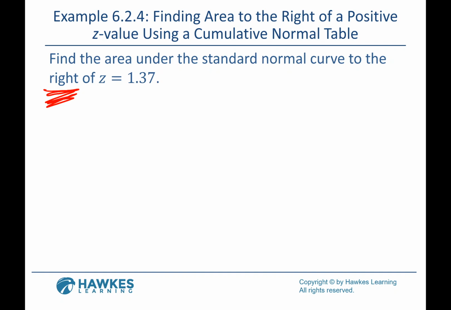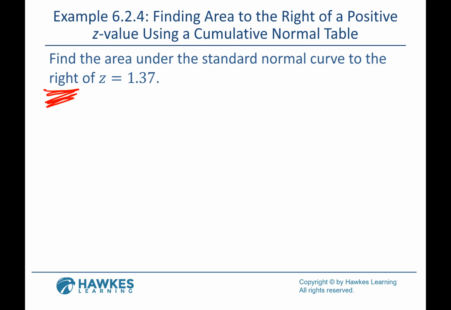So there's two ways we can go about finding this with our tables. Anybody have any ideas? Any thoughts? Go ahead. What are you saying? Subtract it from. I think we're getting there.